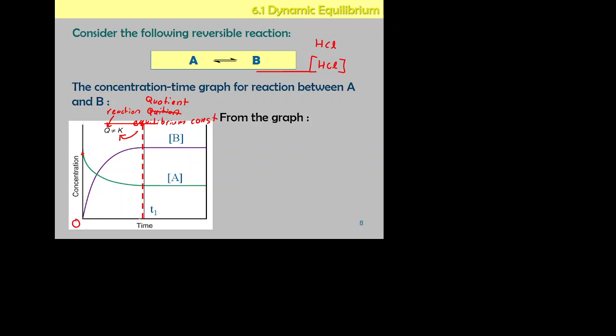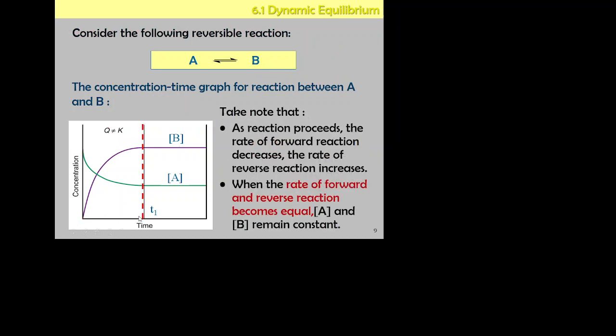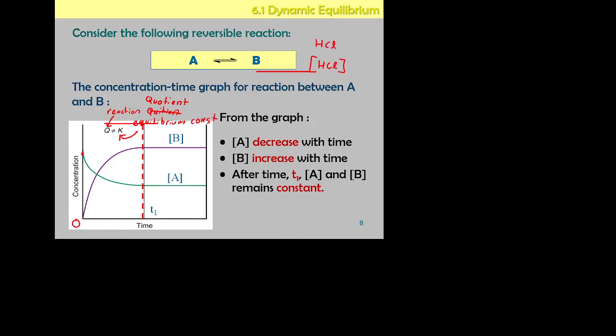Okay, where we achieve equilibrium is when the rate to from A ke B and B ke A is the same. Okay, and how we know the rate of changing A ke B and B balik ke A?